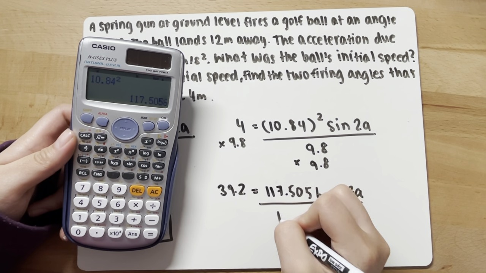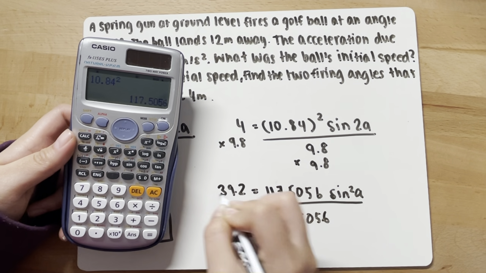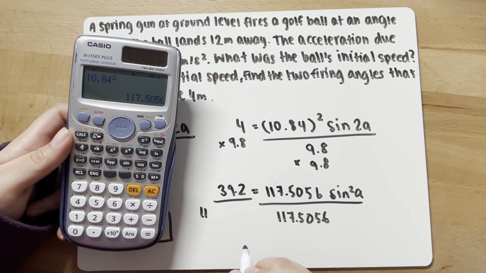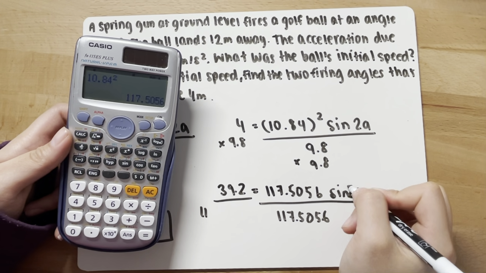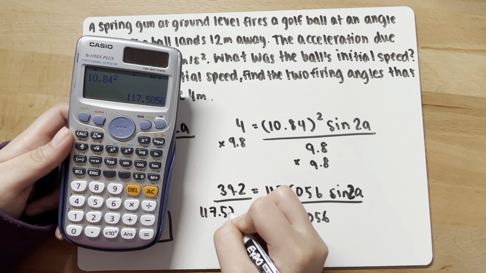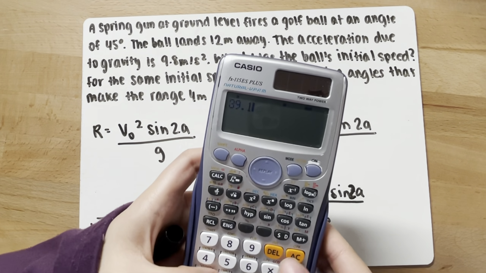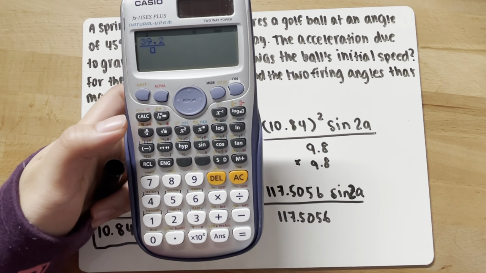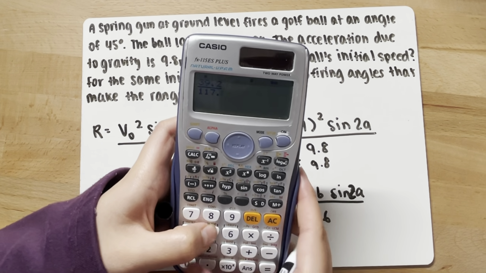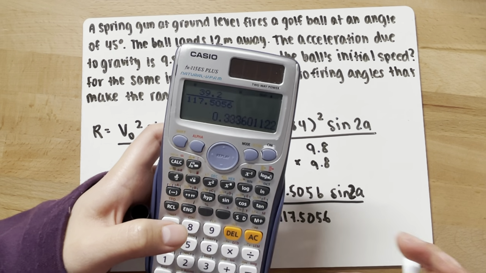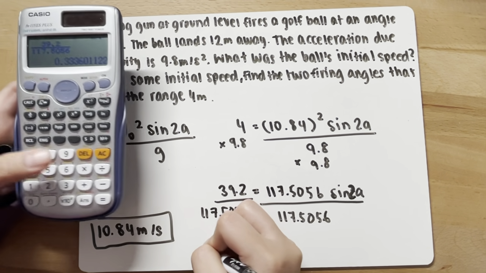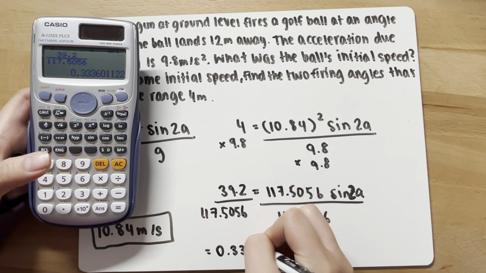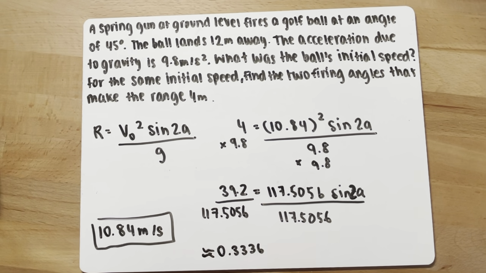You want to divide so that you isolate sine 2a. 39.2 over 117.5056, you get 0.3336, around this, because there's more, but we just want 4 decimal places. So this, my friends, would be sine 2a.